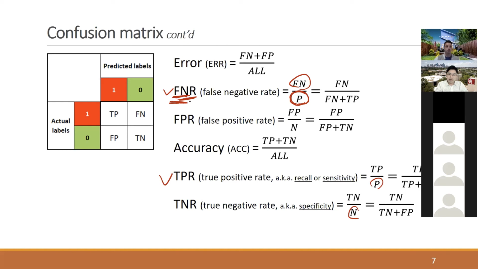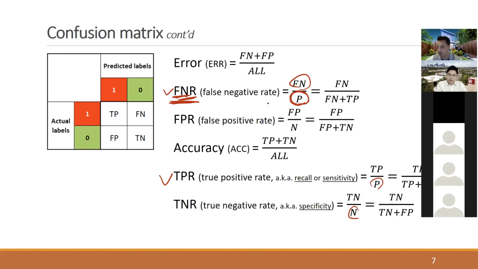A false negative rate is measuring, of all the credit card default customers, how many did the algorithm classify as non-default? So in a way, it failed to recognize or failed to detect the risk of the customer in terms of account default. So that's false negative rate.